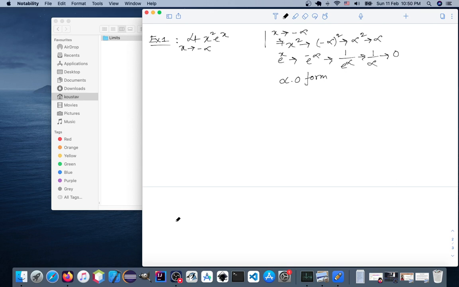Since x square is tending to infinity, I will prefer to transform into 0 by 0 form, so I will bring it down. So this will be limit of e to the power x over x to the power minus 2.